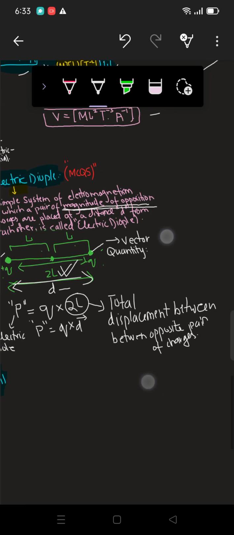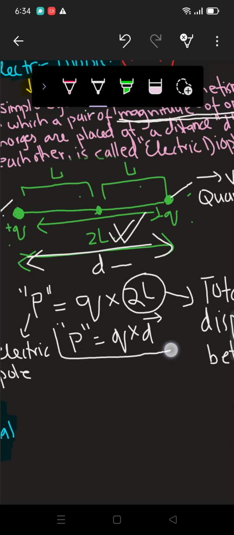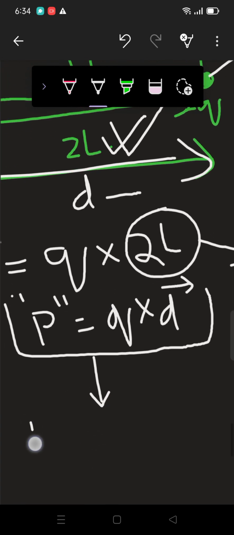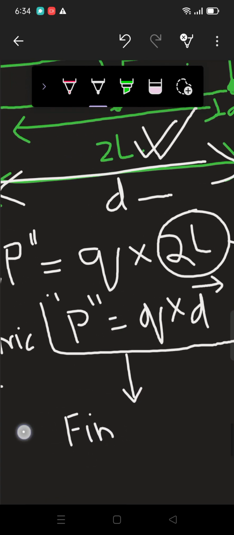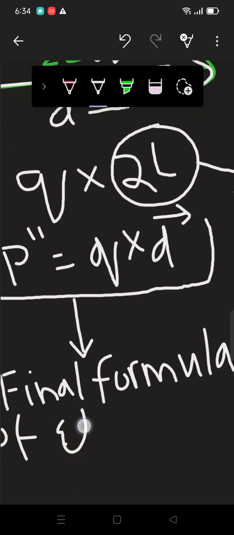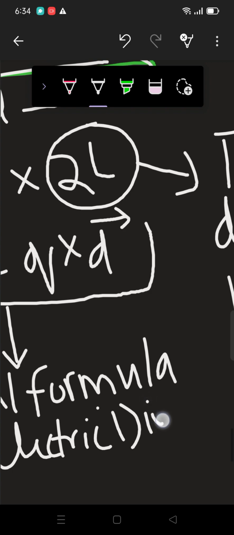Alright, so the final formula we get is P is equal to Q cross displacement. This is the final formula of electric dipole.